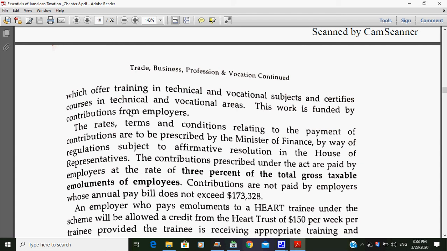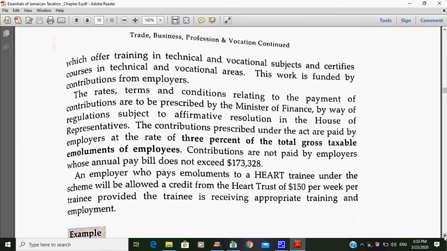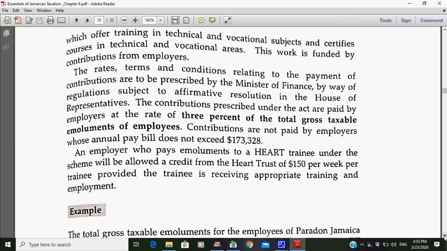The rates, terms, and conditions relating to the payment of contributions are to be prescribed by the Ministry of Finance by way of regulation, subject to affirmative resolution in the House of Representatives. The contributions prescribed under the Act are paid by employers at a rate of 3% of the total gross taxable emoluments of employees.